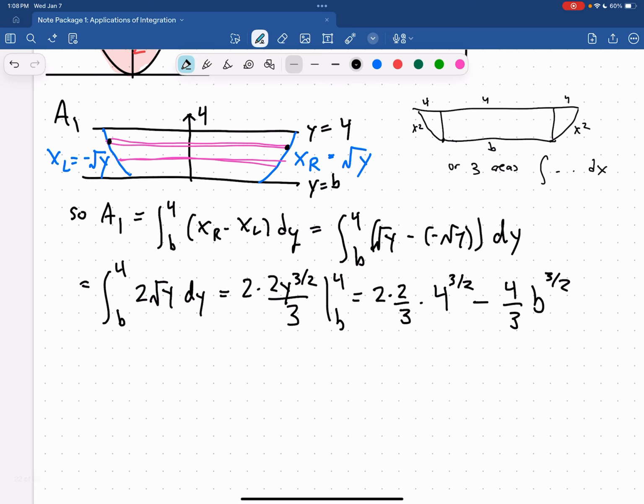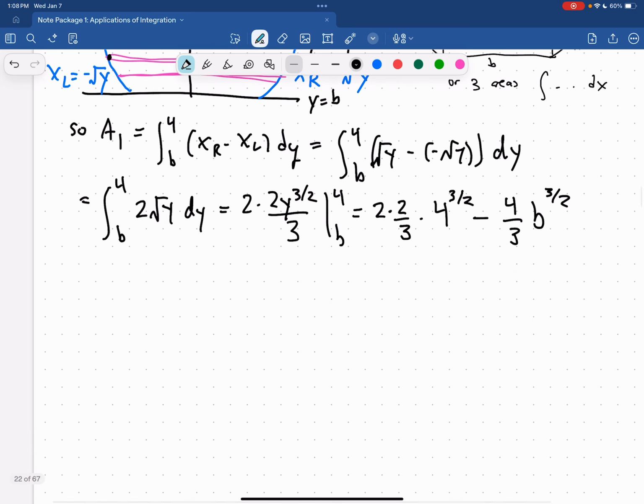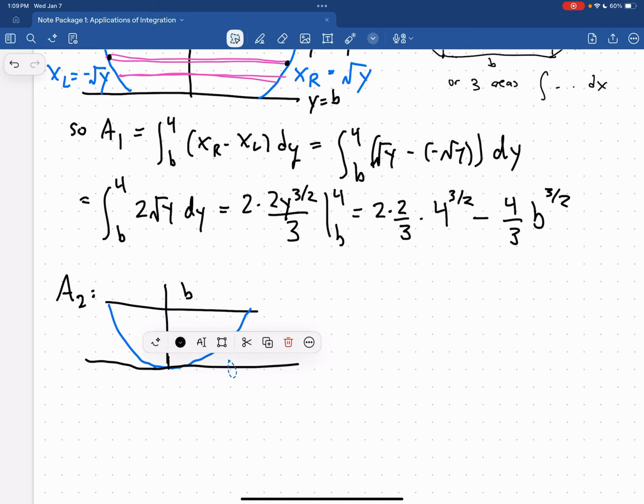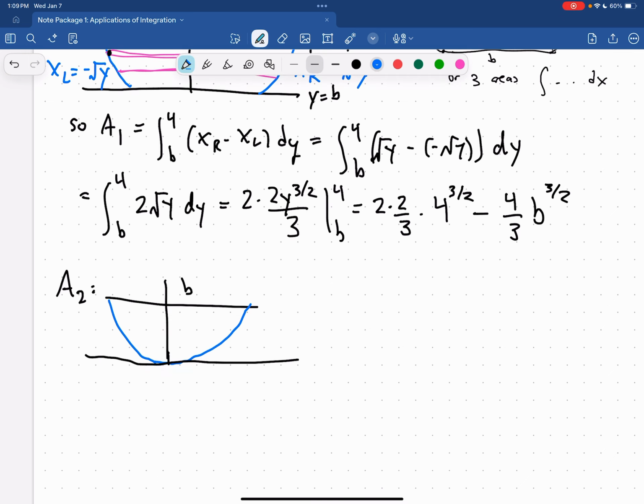Now for A2, it's going to be something similar. So we've got that line at y is equal to b. And then we've got the x-axis. And we'll still have the same x right as root y and x left as negative root y.